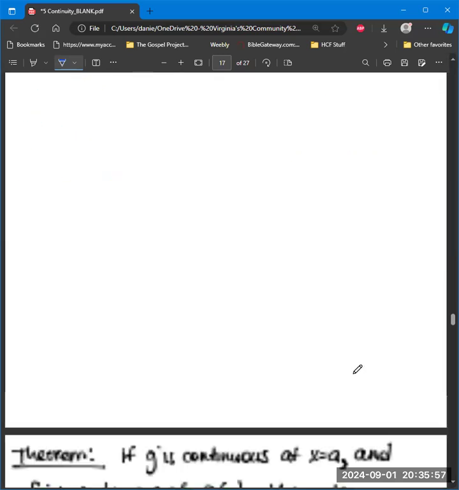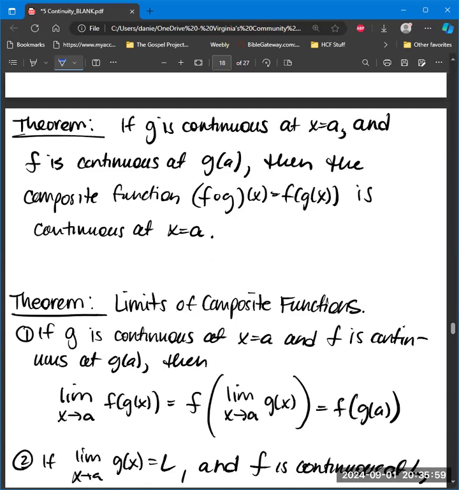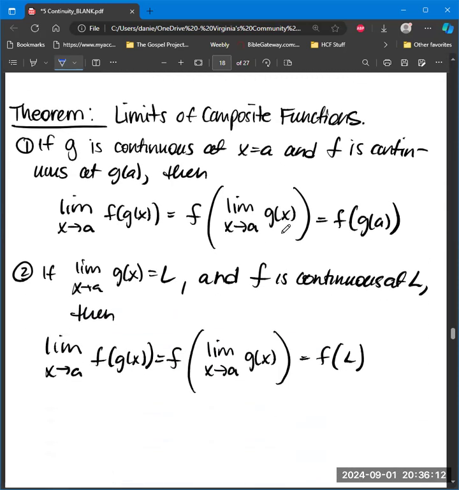Our theorem tells us if g is continuous at x equals a, and f is continuous at g of a, then the composite function f of g of x is continuous at x equals a. For limits of composite functions, if g is continuous at x equals a, and f is continuous at g of a, then the limit as x approaches a of f of g of x is equal to f of the limit as x approaches a of g of x, which is f of g of a.